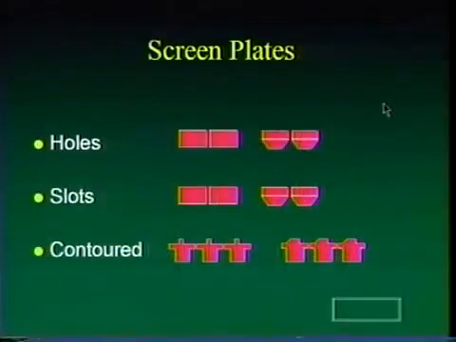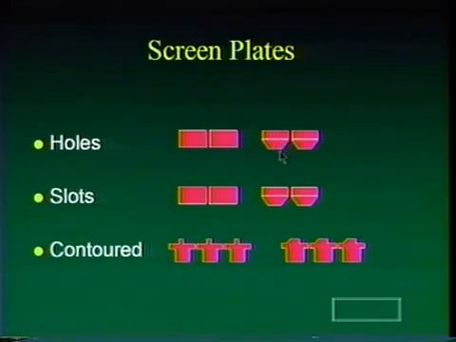Okay. Now another important part of the screening operation is how the screen plate is actually built. We already discussed that we could have holes or slots, and these are side views, so you can see they're holes or slots. But these screens are usually not just straight through like this.